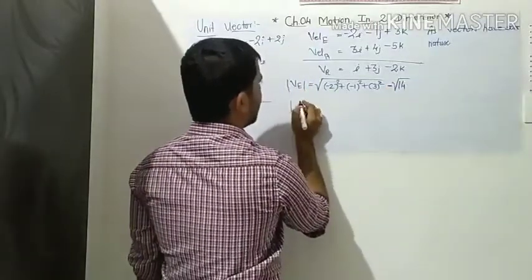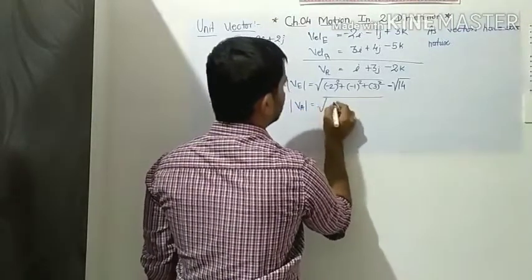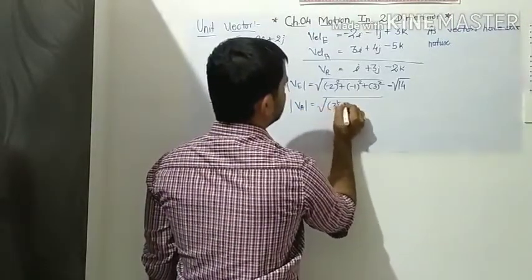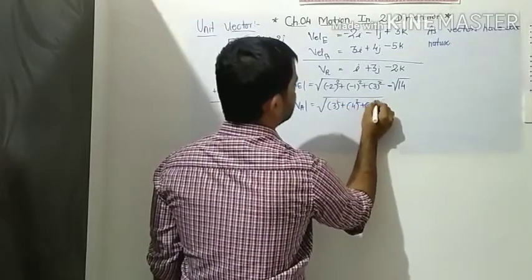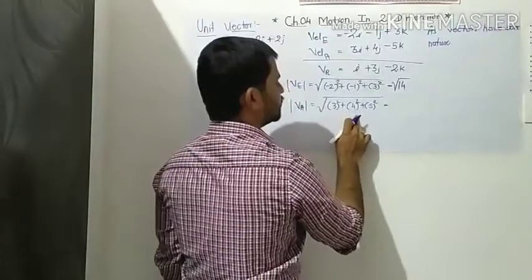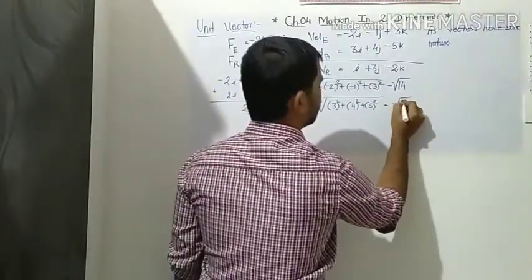What is the magnitude of the air velocity? It is 3 square plus 4 square plus 5 square, so it is 9 plus 16 plus 25, it is under root of 50.